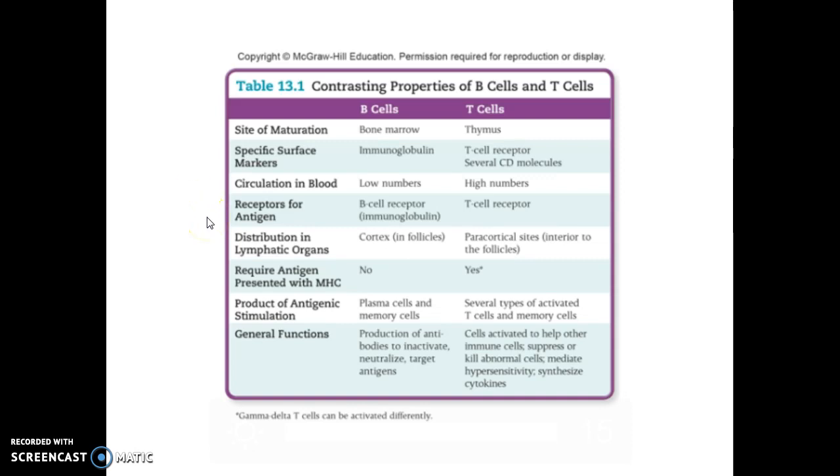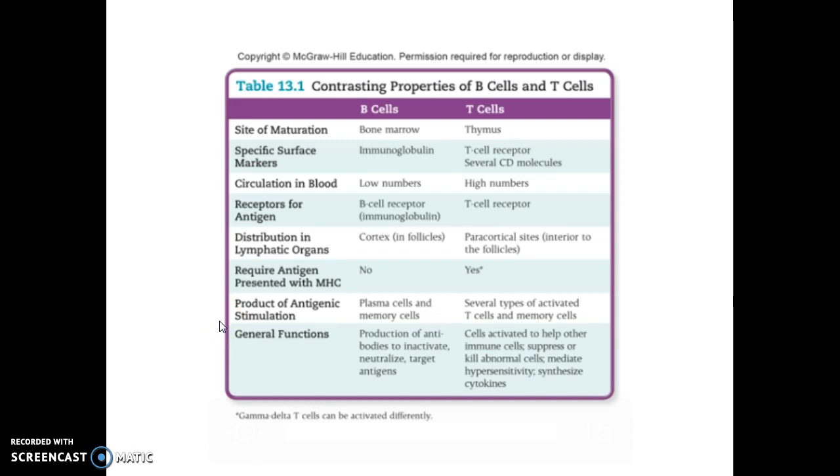All right, the receptor for antigens, right, it's that receptor. And then let's go down here, production on antigenic stimulation, or product. All right, so what happens when that specific cell sees its proper antigen? Then for the B cells, plasma cells are created and memory cells are created. For T cells, you have different types of activated T cells, also memory cells. So if you remember, the two major components of the third line of defense are specificity and memory.